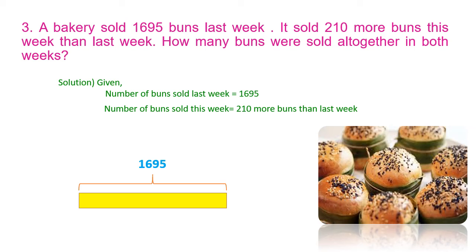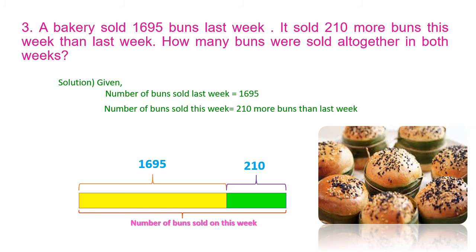So if we represent this 210 with this green bar, and this has a value of 210, so the number of buns sold this week we will get by combining these two numbers. So here we will be adding them, and after adding them the answer we are getting is 1905. So students, this is the number of buns sold this week.